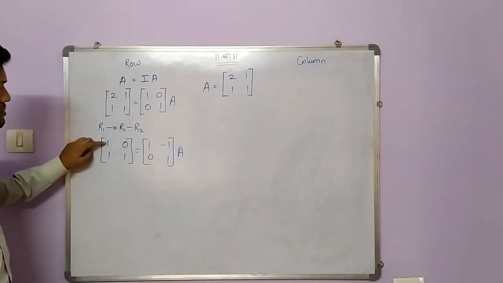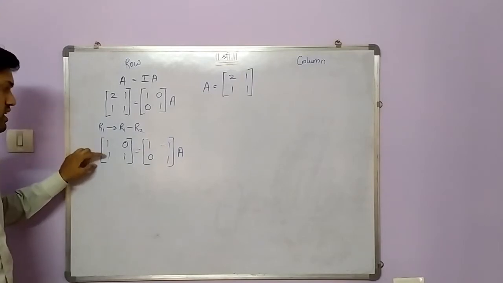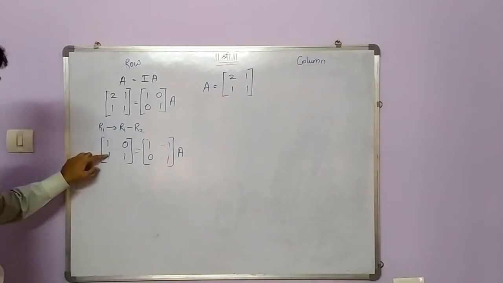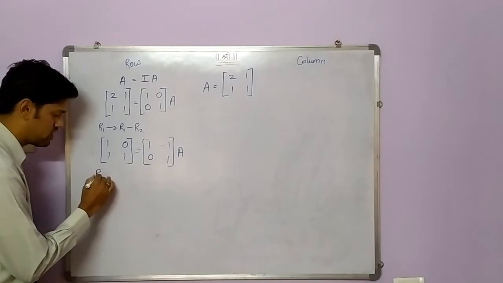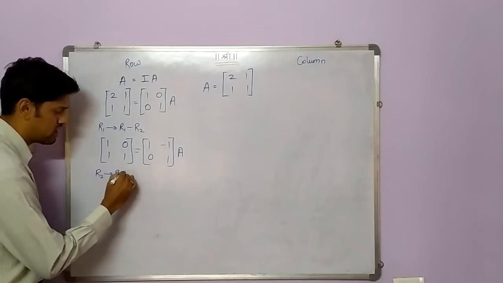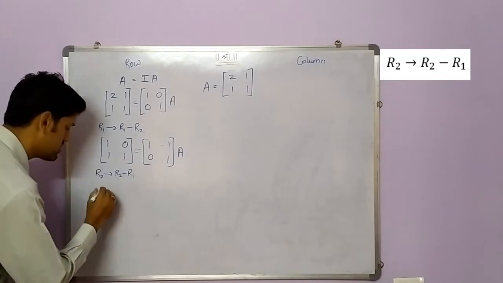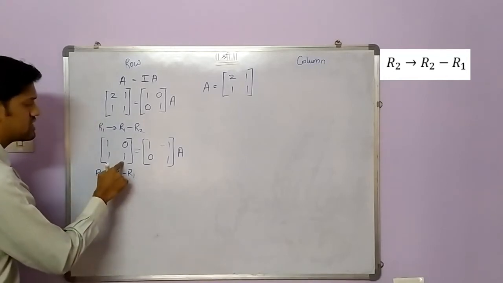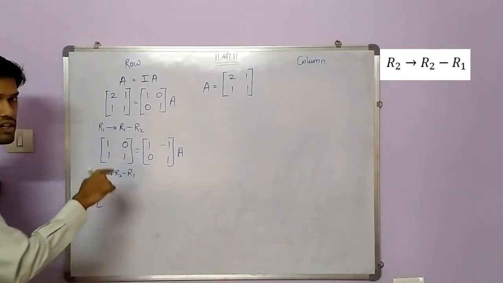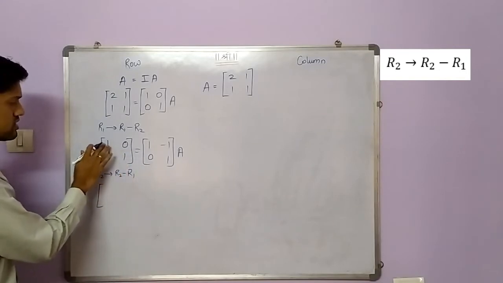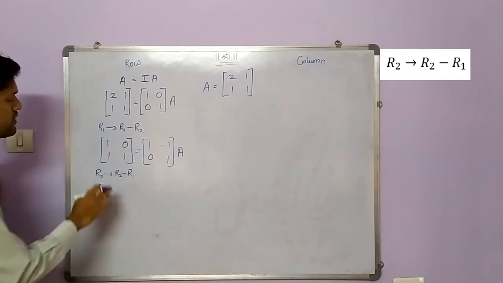Now this element has become 1. My next target is to make this 0. So I will do R2 as R2 minus R1. So 1 minus 1 will become 0. I am not paying attention to what is happening in this particular area because this is the sequence that we have to follow.